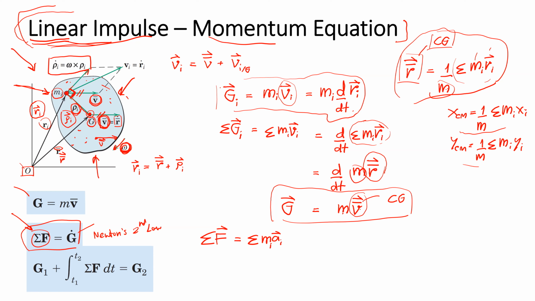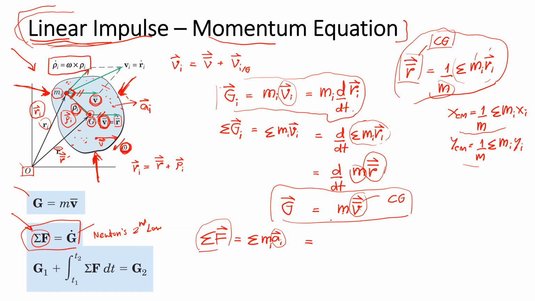The effect of the force that applies on the rigid body will appear as the acceleration of the small particles. And when we sum the m a of all the particles, it should equal the summation of force that applies on the rigid body.